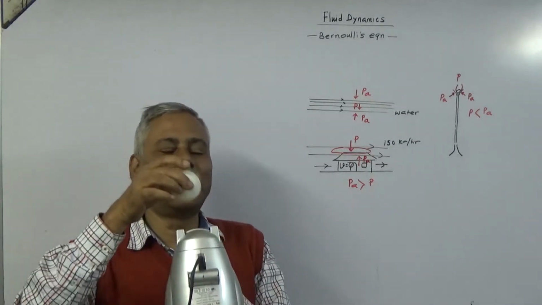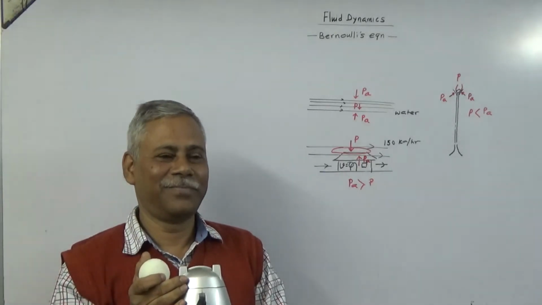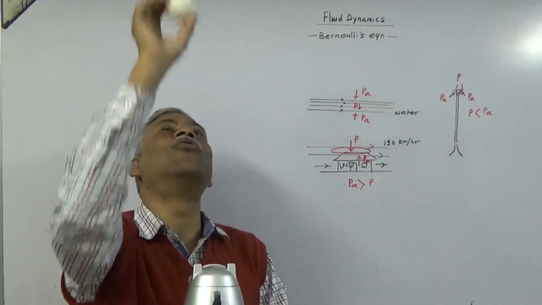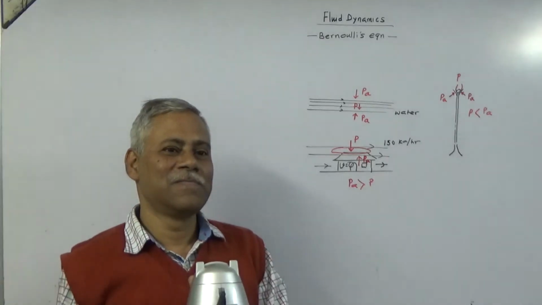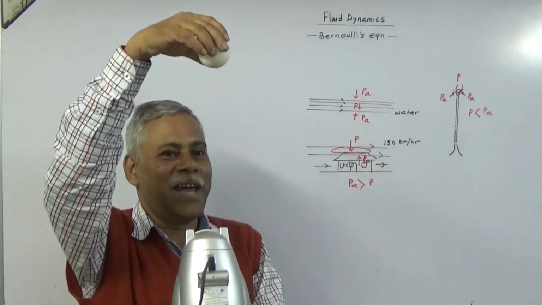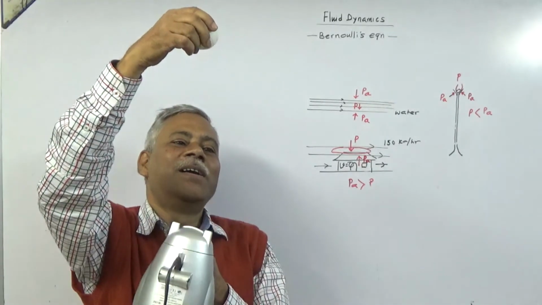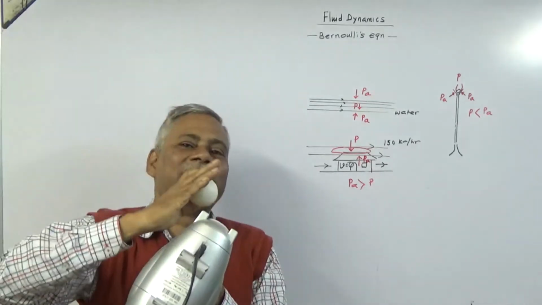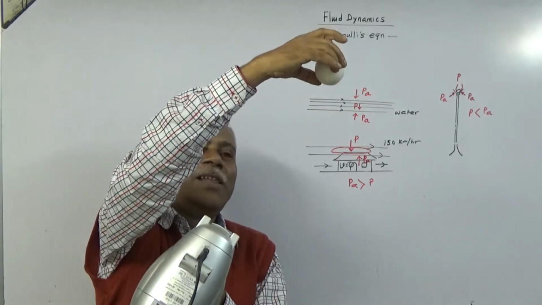And if you place the ball above this air jet, what will happen? Will it go to the top and hit the ceiling? At minimum it will stay here. And if I tilt the air jet, will the ball fall?